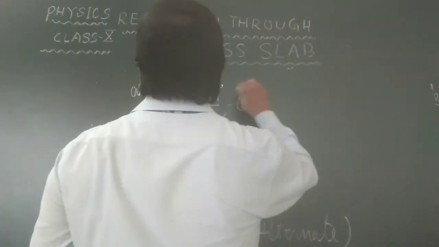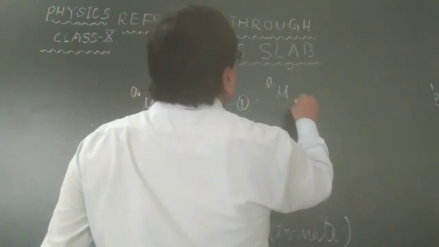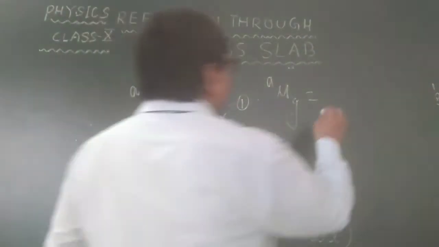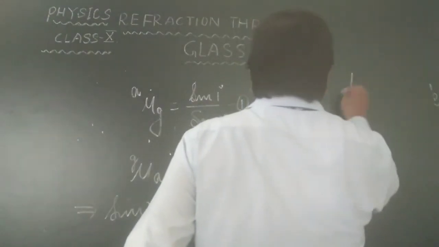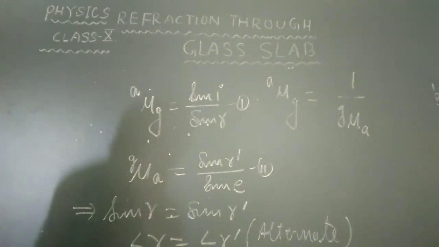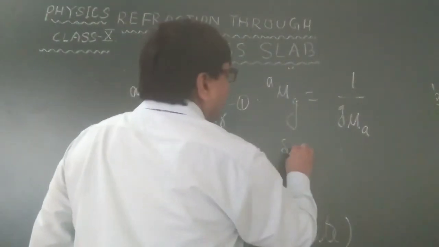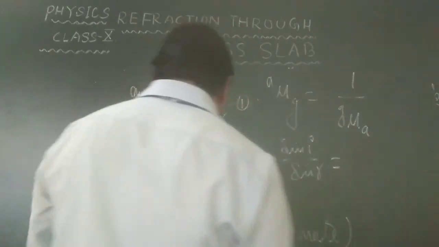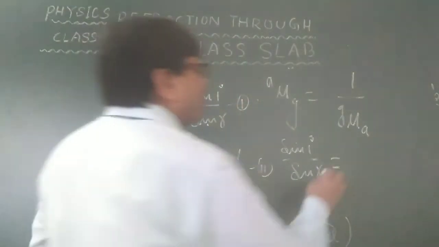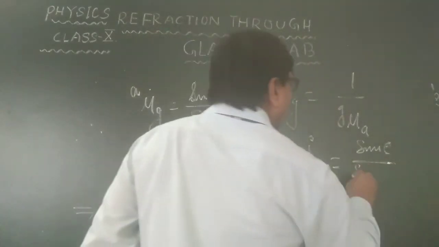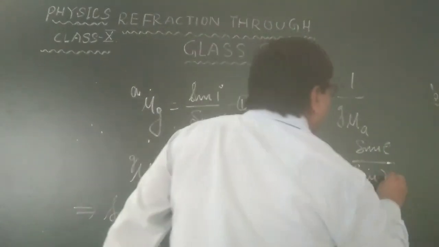So mu a g is equal to 1 by mu g a. What will happen? Just see here: sin i by sin r is equal to, just look here, sin e by sin r dash.